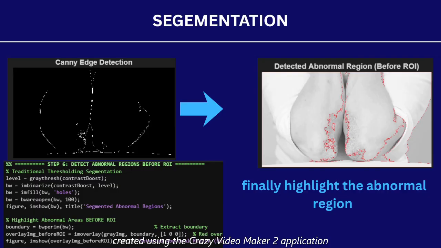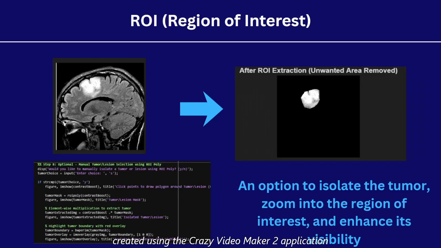This step provides a clear mask showing potential abnormal areas. The last is the ROI masking, or region of interest, in which you can highlight or separate a tumor from a given image by using roipoly in MATLAB, which will enhance and zoom the region of your interest for specific purposes.